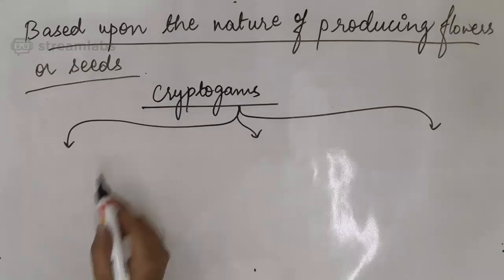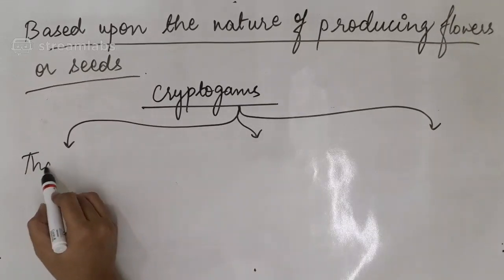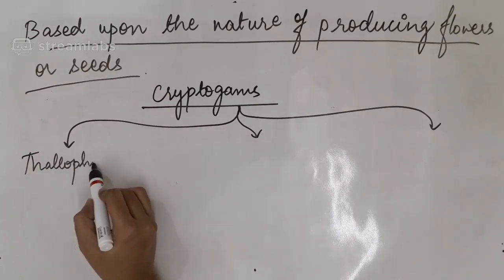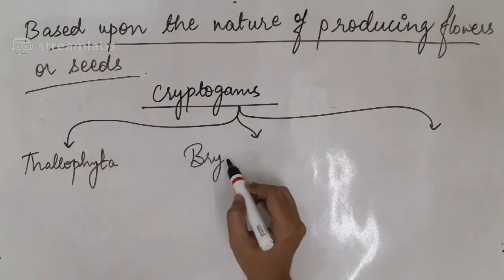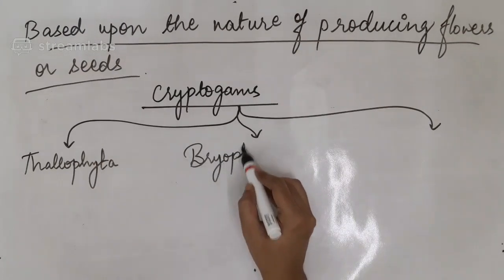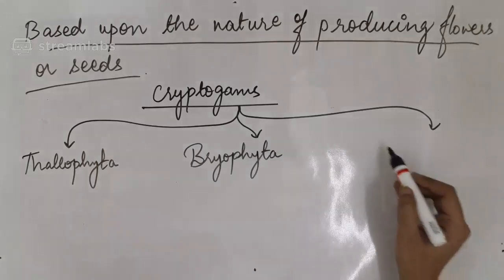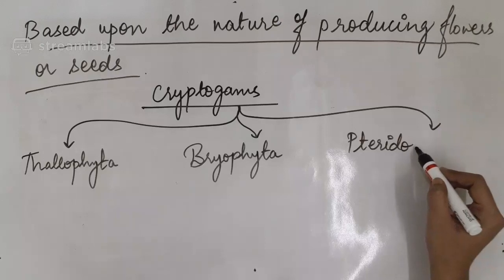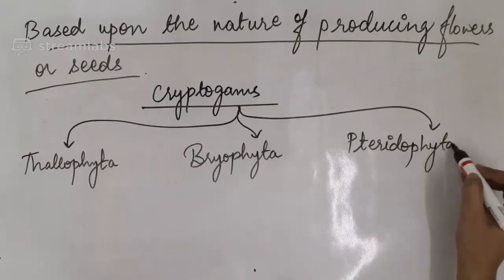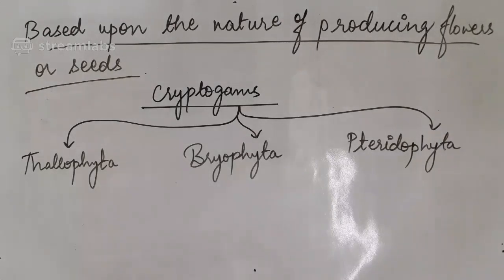First one is Thallophyta. Second one is Bryophyta, and the third one is Pteridophyta. Okay, Pteridophyta, Bryophyta and Thallophyta.